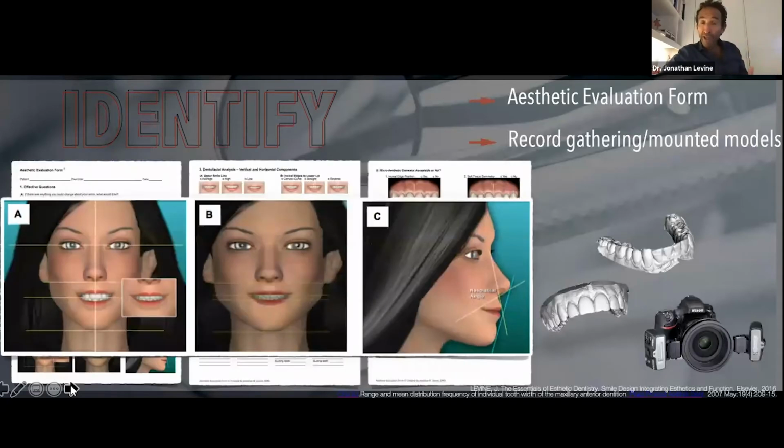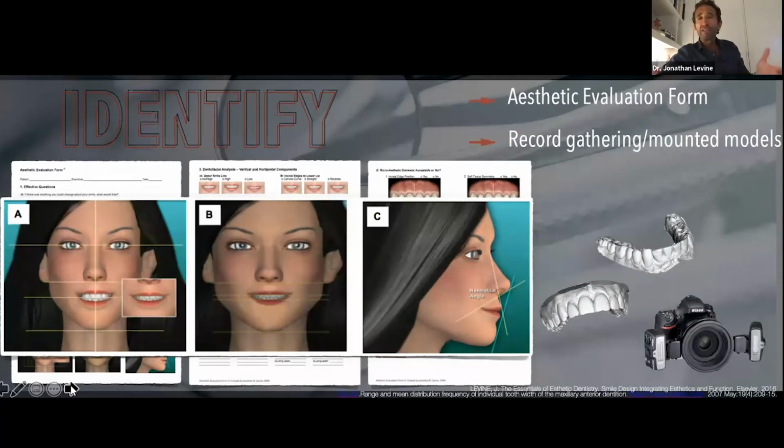So lip at rest, we know that every decade, 40, 50 to 60, the lip falls a millimeter. We also know from Bill Arnett's work that from the subnasale to the inferior border of the upper lip, you're about 18 to 22 millimeters. So now on the form, we're measuring the upper lip, and we want to know how much tooth exposure there is with the lip at rest.